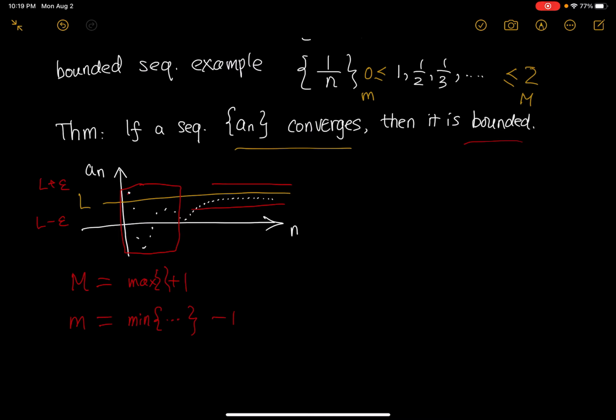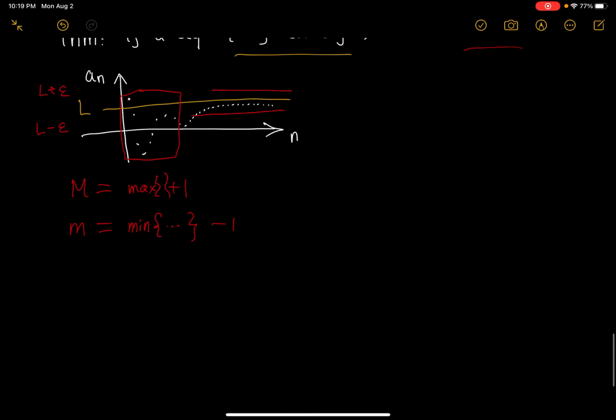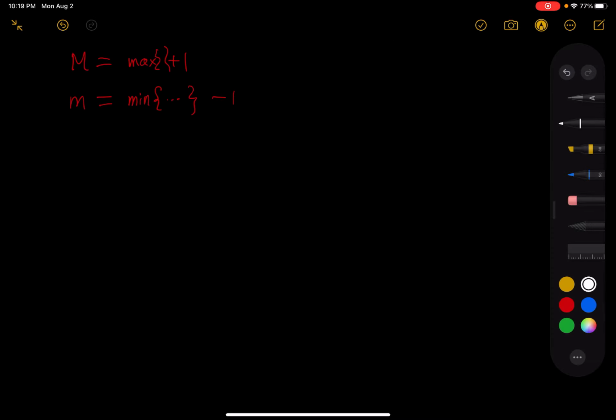So we have that theorem, and we have one more theorem. It's a pretty important theorem. It's called the monotone convergence theorem. You don't need to prove it, but you need to understand what it means.